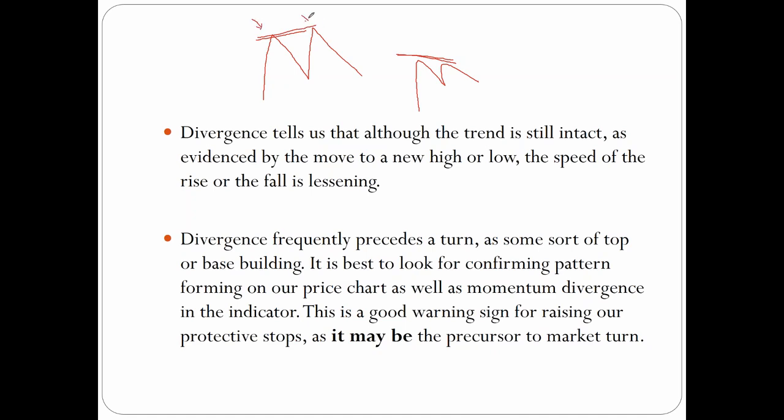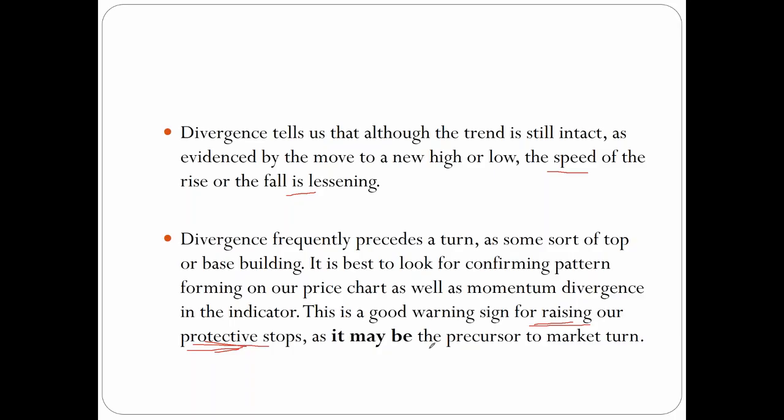You see a divergence here on the RSI and you see the double top has been confirmed. That means then it will only be a true divergence. Otherwise, it just tells us that the speed is lessening and we have to raise our protective stops.